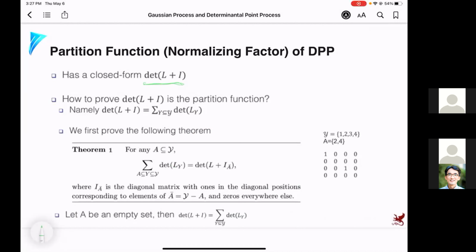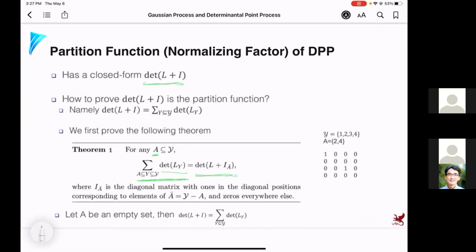But basically, the proof goes like, we first prove the following theorem, theorem 1, which says whenever we pick a subset A of the whole set, then if we sum over all the determinants where the subselection contains this A, this summation will equal this value. Then the case we just talked about is the special case of the theorem where A equals the empty set.